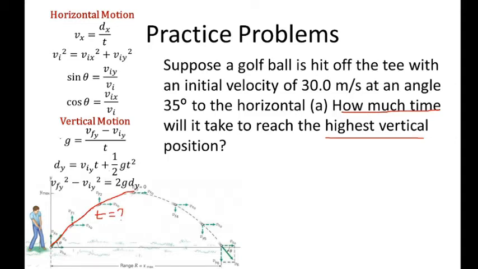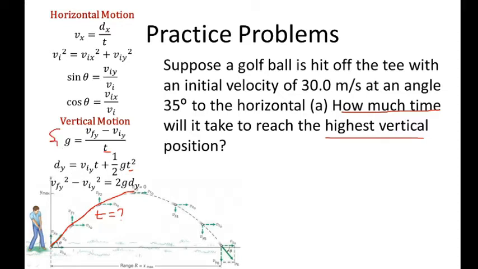So we have two equations for time. In equation 1, g is given, the initial velocity in y and the final velocity in y are given, so we might as well use this equation right here.